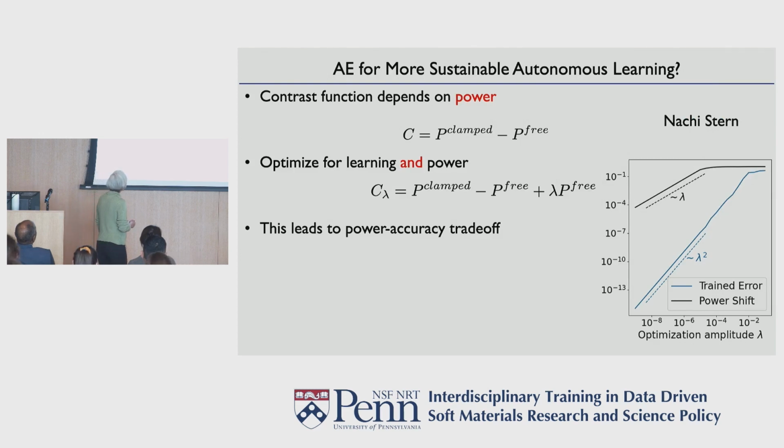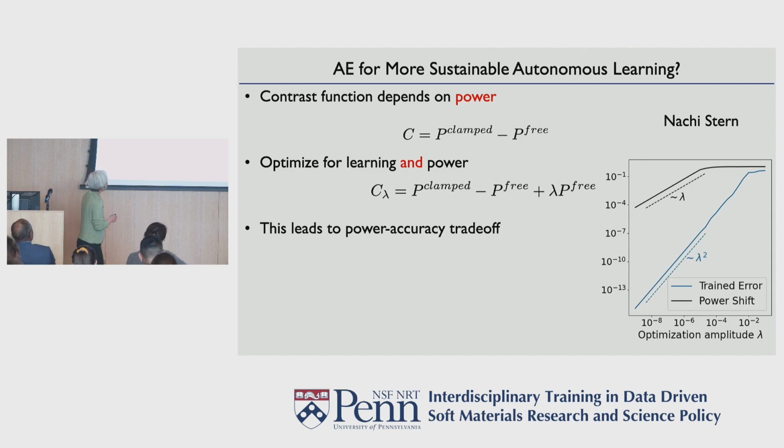Sorry. So this contrastive function is based on power. And because it's based on power, it's really easy to say, let's not only optimize to minimize my cost, the error, but also optimize for power.